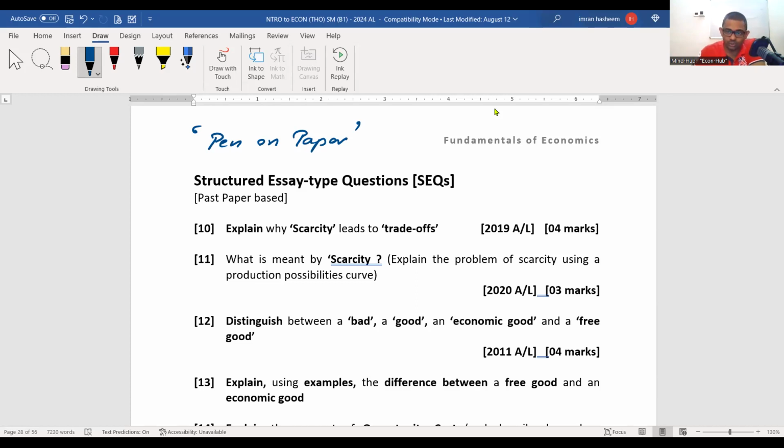Read the notes, go through the notes. If you need, use the recorded version and watch some of the explanations I'm doing. Use all the learning resources you have. But at one point, you need to sit down, take foolscap paper and start writing answers. Unless you put pen on paper and start writing answers, you will never be ready for the exam. And it's never too early to start writing answers.